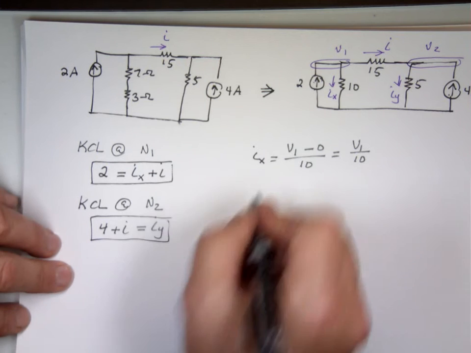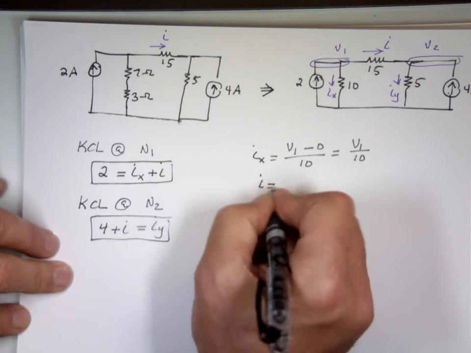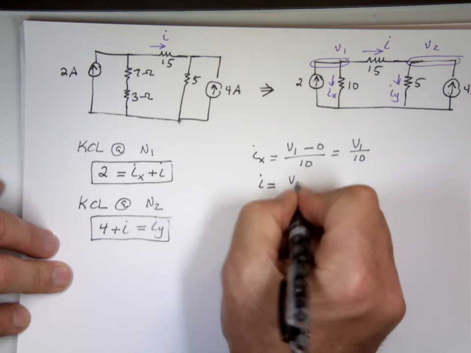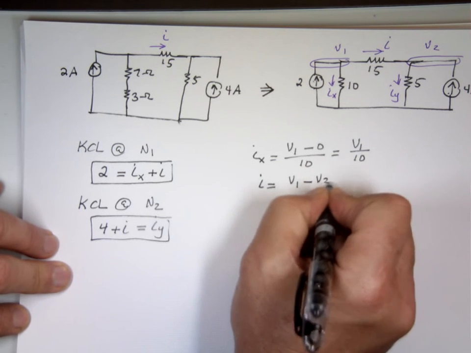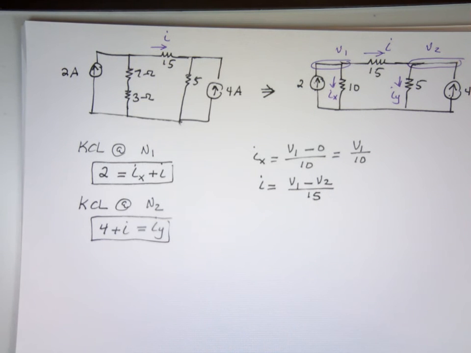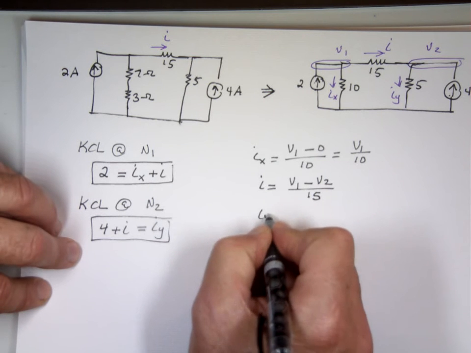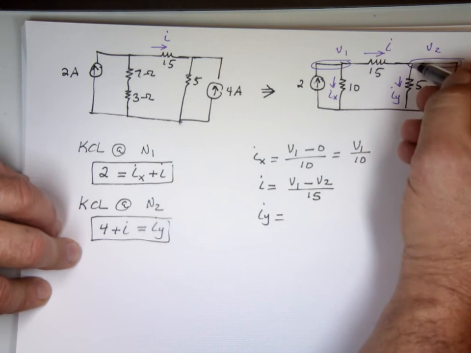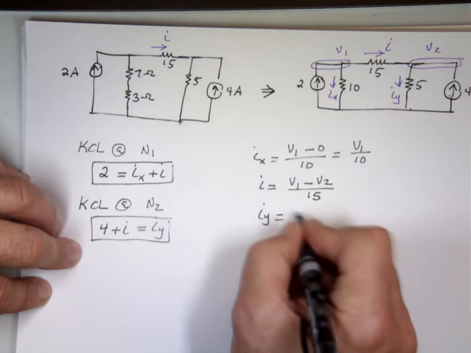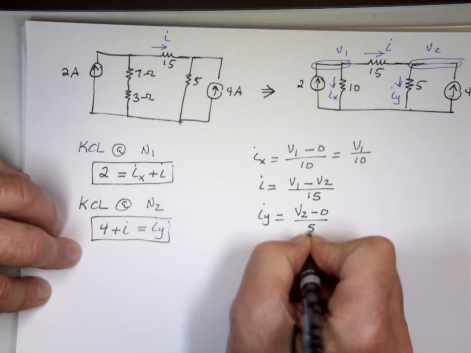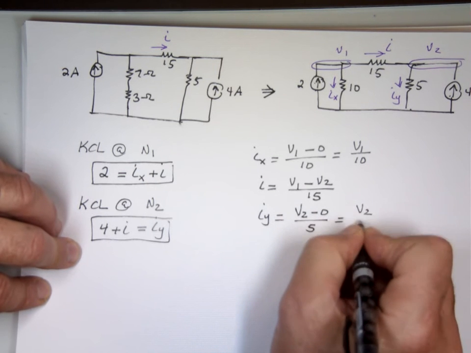I is defined going in that direction. So it's V1 minus V2 divided by 15. I sub y, it's defined coming down. So it's this voltage minus this voltage. V2 minus 0 divided by 5, which is what? V2 over 5.